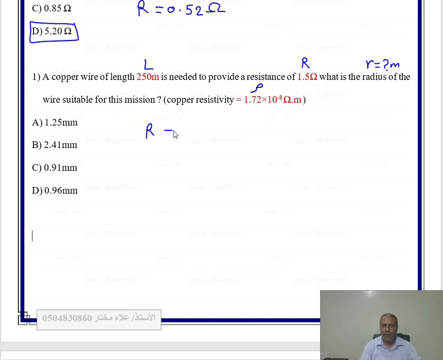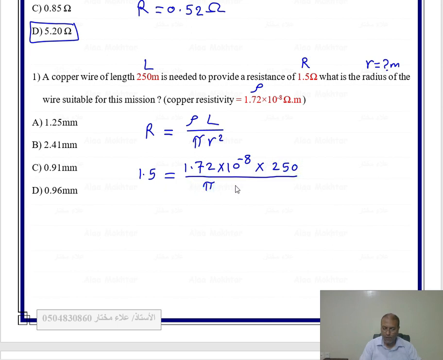The same equation, R equals rho L over what? Over area. Area is pi R squared. R is 1.5, rho is 1.72 into 10 to the negative 8, L is 250, over pi times the unknown squared.